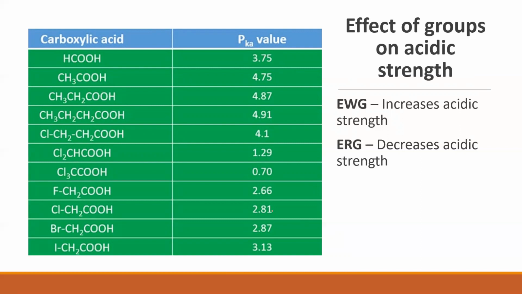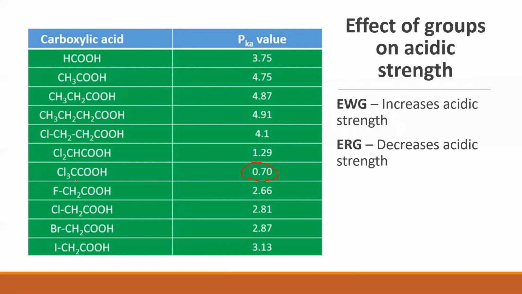Now you can see a variation here. What did we understand in the previous slide? We said smaller the pKa value, stronger the acid. Now when I look at this list, I can see a pKa value which is 0.70. This is the smallest pKa value.